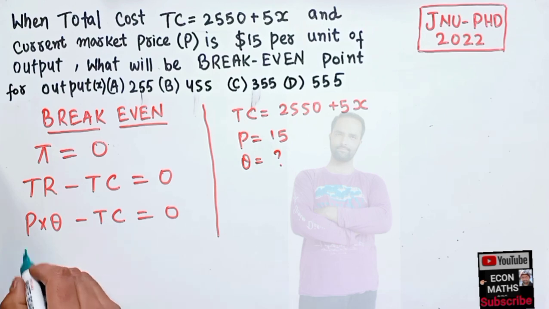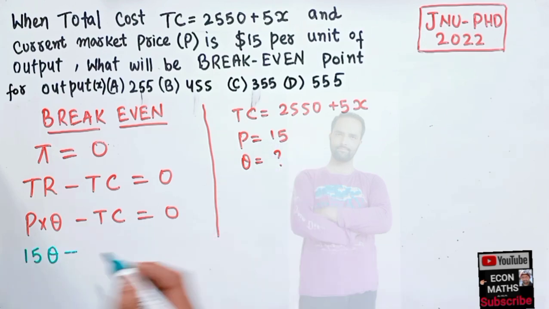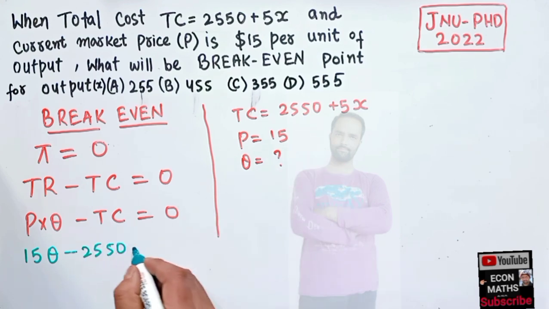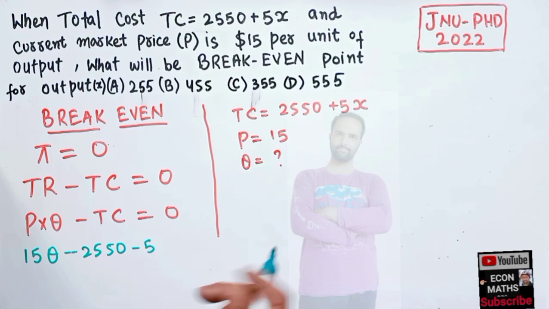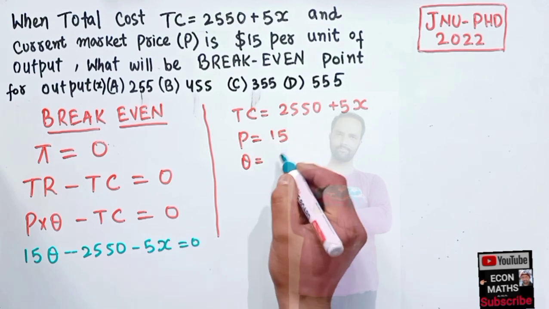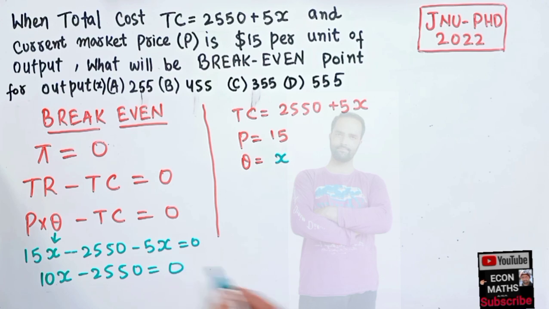P is 15 times Q, and from this we subtract the total cost: minus 2550 minus 5x should be equal to 0. In place of Q we have x. So 15 minus 5 comes out to be 10x minus 2550 should be equal to 0.